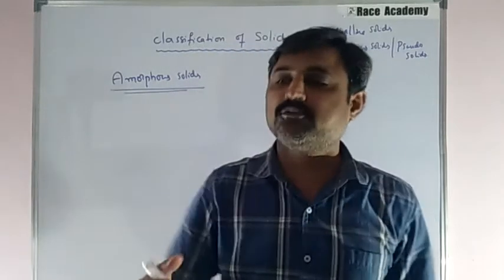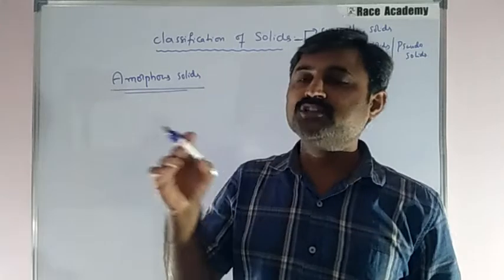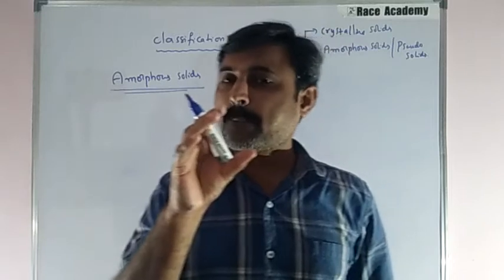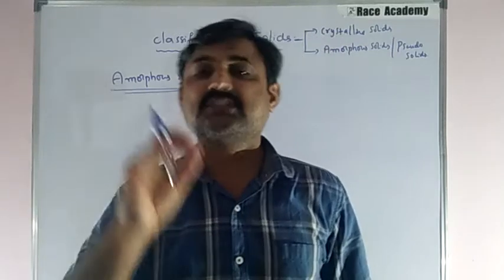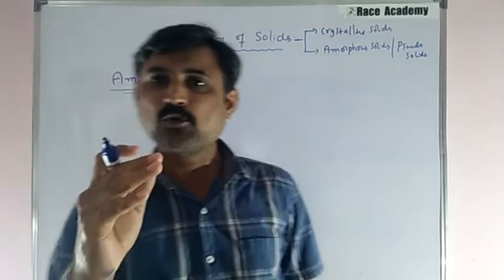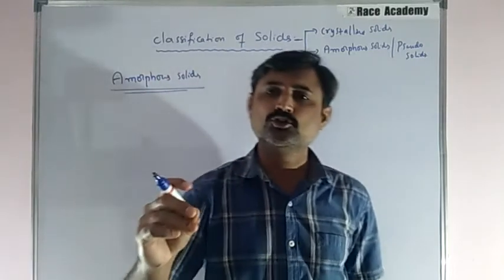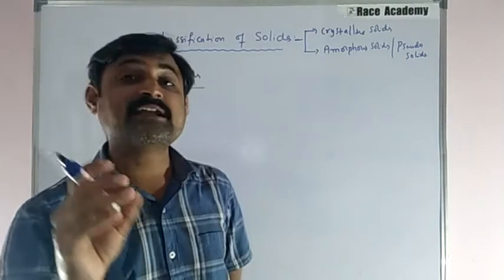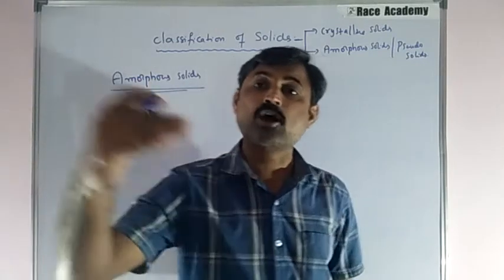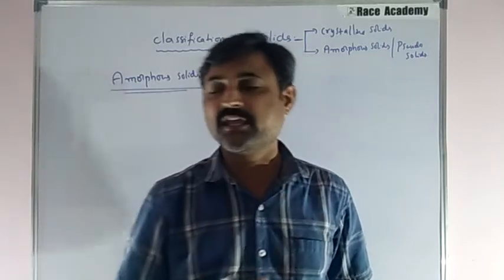In the name itself, we are specifying that these are quite opposite to crystalline solids, because these are not perfect crystals. These are not perfect crystalline solids. When you talk about the arrangement of the constituent particles like atoms, ions or molecules, a systematic arrangement is not noticed in this case. Lack of ordered arrangement of constituent particles will be noticed in amorphous solids.